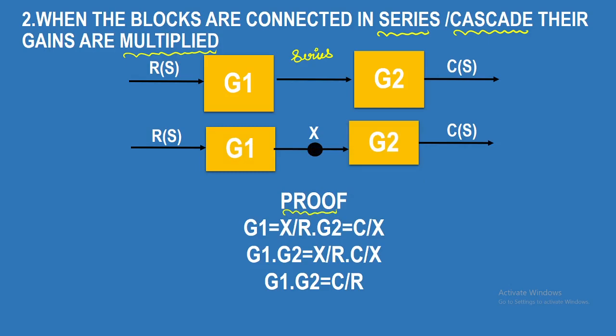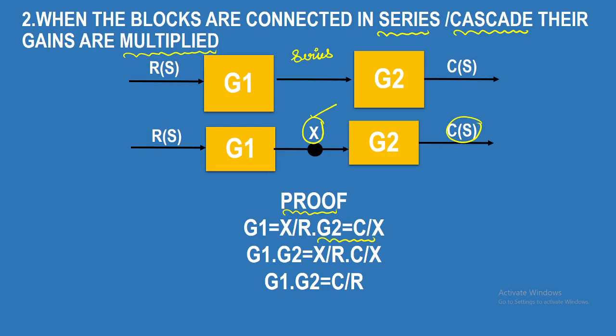G1 can be written as x divided by R, and G2 is the output C divided by the input x, so G2 is C by x.